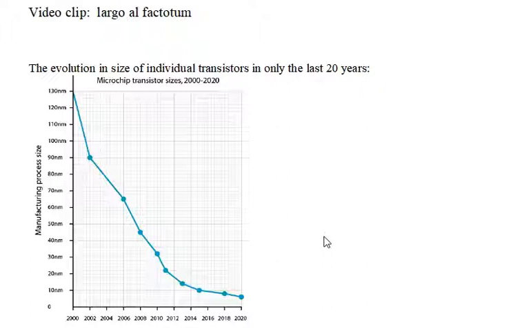So the yield per process must be essentially perfect. It is absolutely mind-boggling.